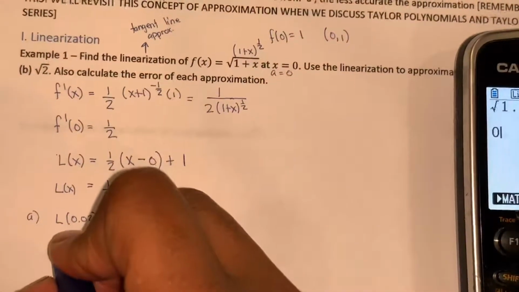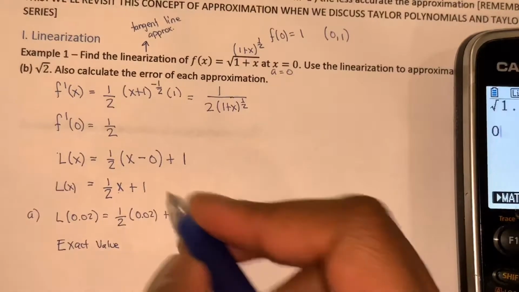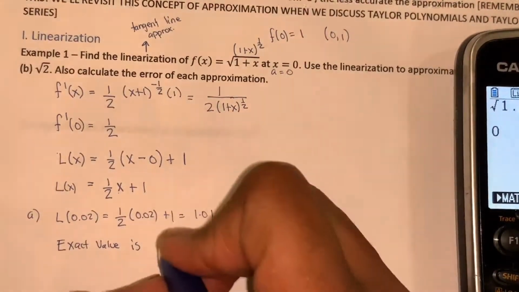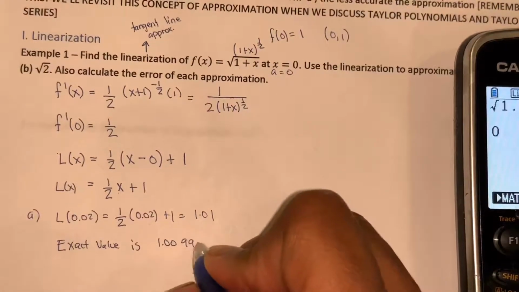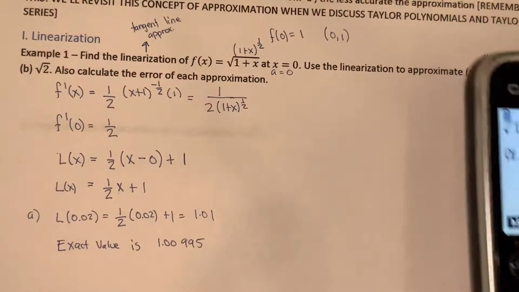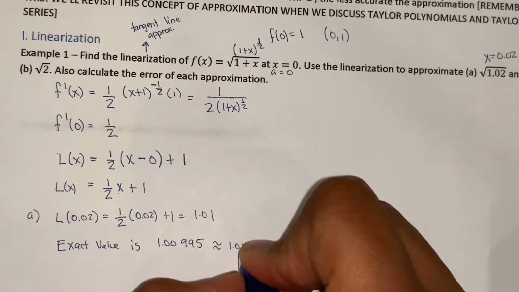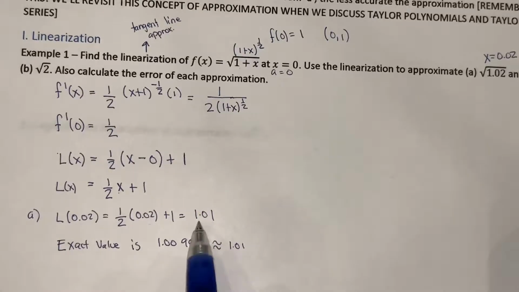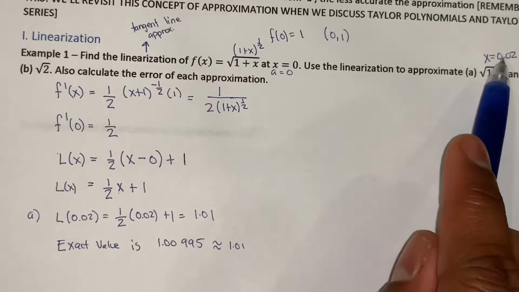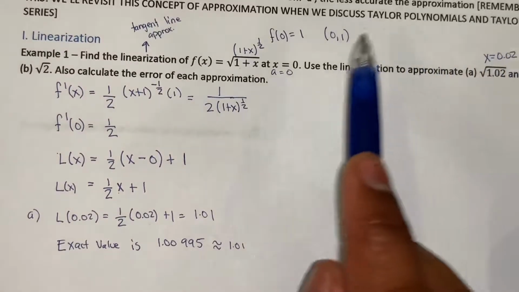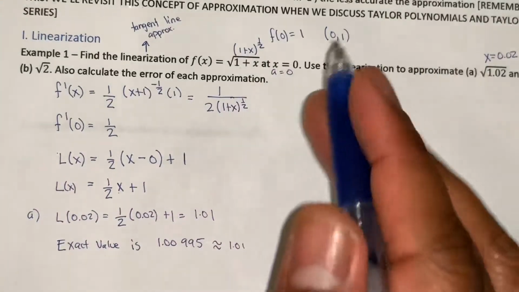So the exact value is 1.00995, basically 1.01. So this linearization works out really well, but notice how close 0.02 is to 0.